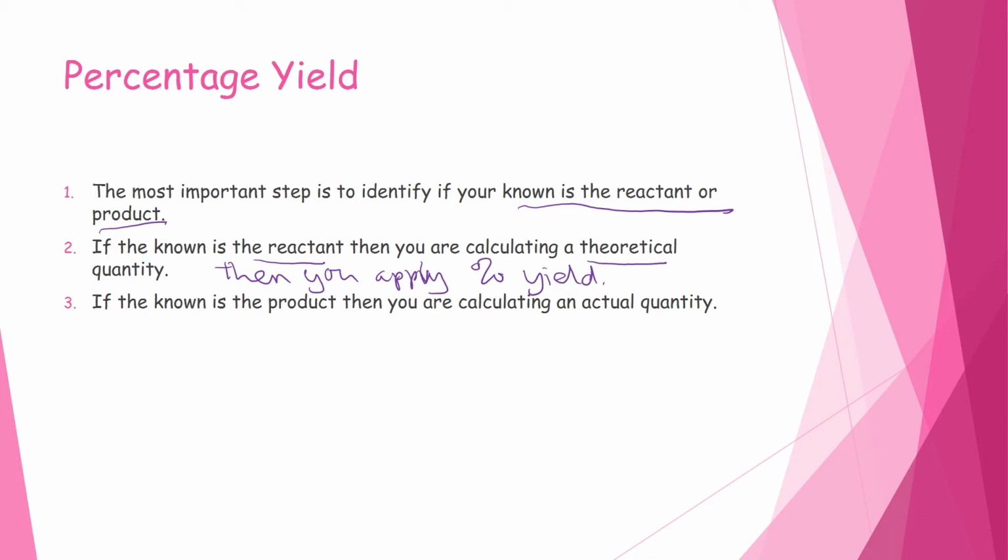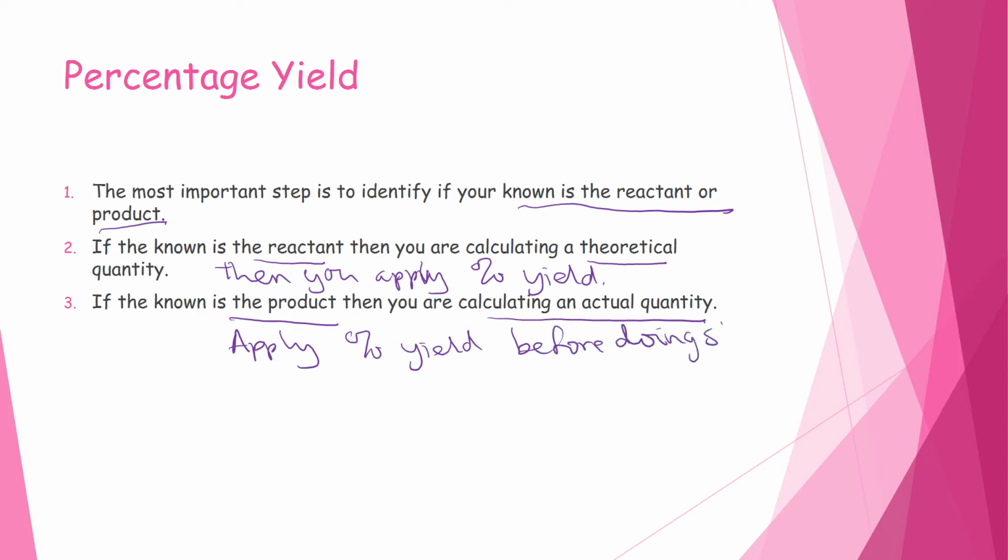If, however, your known is the product, then you've actually got an actual quantity. So at this point in time, you apply the percentage yield before doing the stoichiometry.